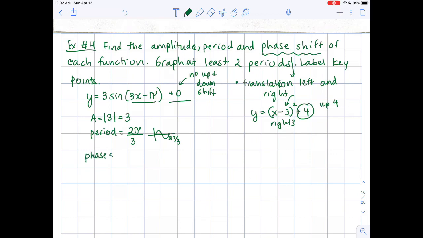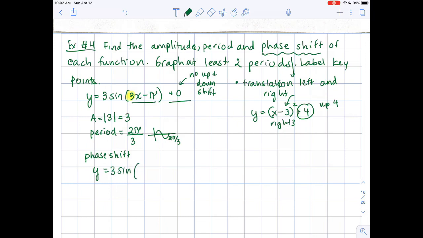And then finally, the phase shift. So with the phase shift, we want to know if we're moving left or right. Please remember that when you're doing the phase shift, what needs to happen is the constant value that you see out front here, the 3, has to be factored from both 3x and pi before we determine any phase shift.